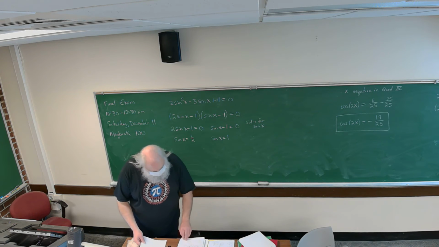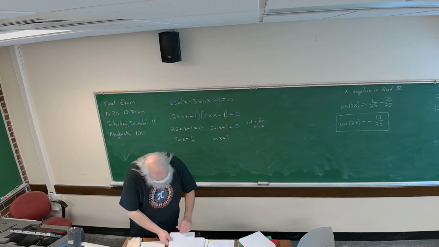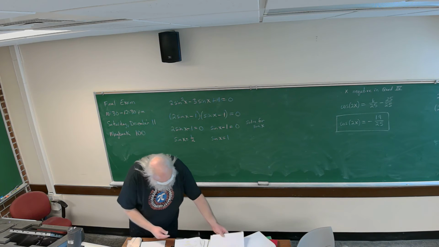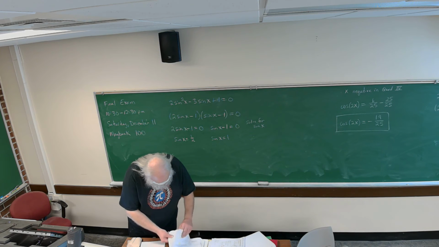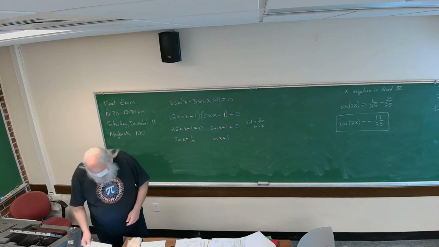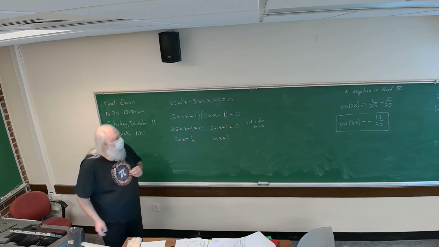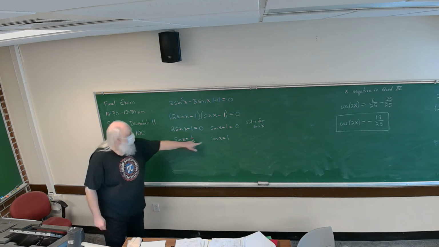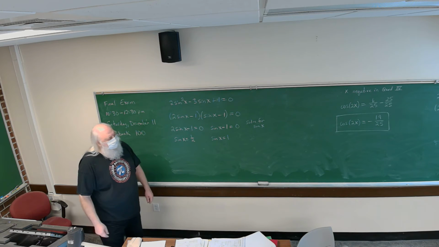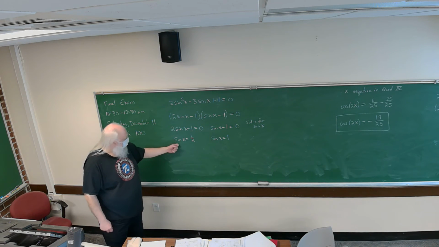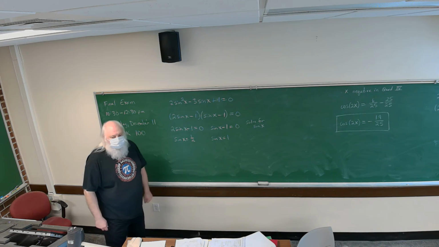Like we did back in section 4.2, these two equations look like the ones on the last page of section 4.2. We just have the sine of the angle x equal to a number.